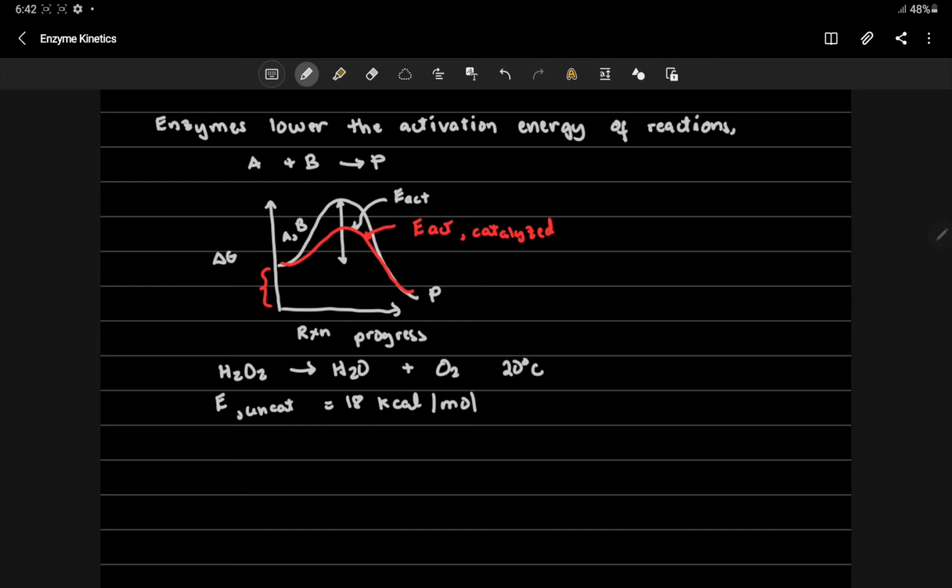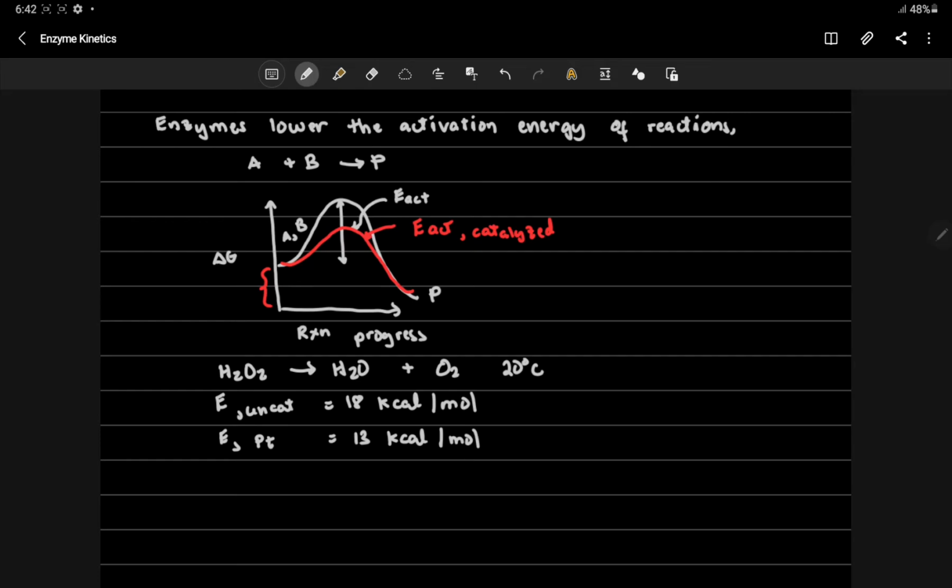Alright? Now, if you are going to use a colloidal platinum as a catalyst for this reaction to occur, we also found that the activation energy, using a platinum catalyst, is equal to 13 kilocalories per mole.